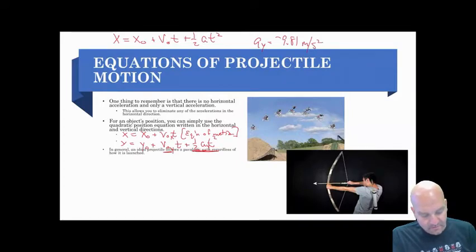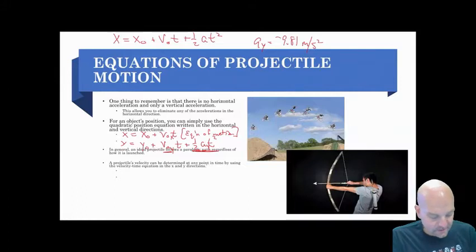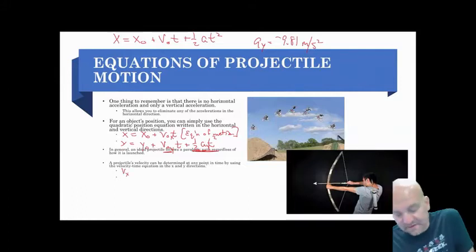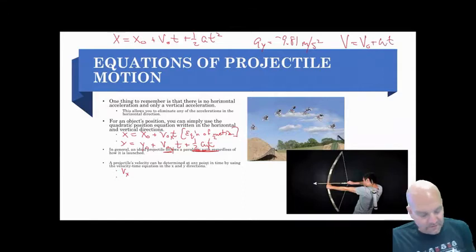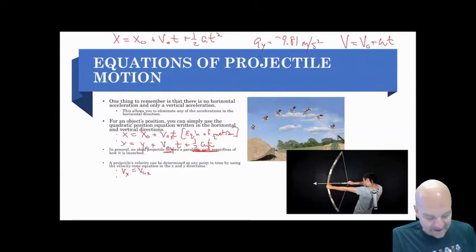In general, an ideally launched projectile follows a parabolic path regardless of how it was launched. Any projectile's velocity can be determined at any point in time by using the velocity-time equations. The velocity-time equation would be v equals v0 plus at. But the good thing is, in the X direction, it's constant velocity because there's no acceleration.